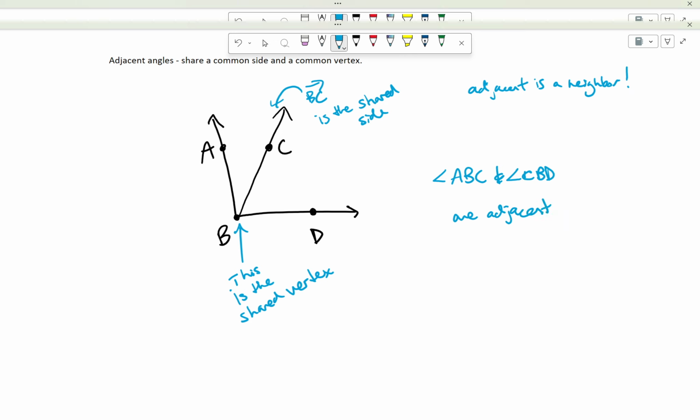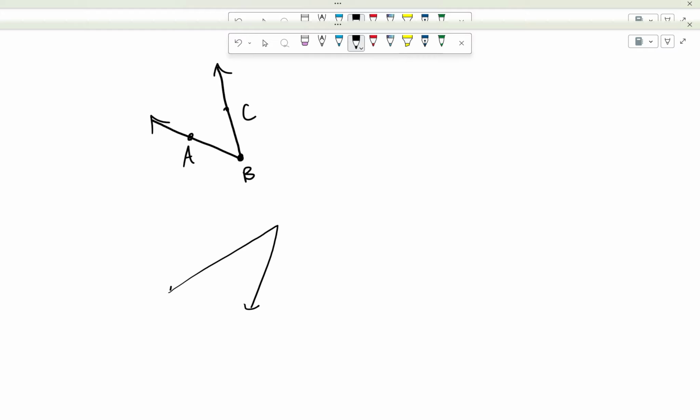Right. So let's do an example here. This is kind of a complex figure, so bear with me for a moment as we draw this up. I have an angle over here, which is angle ABC. And I have an angle over here, which is angle HJK.